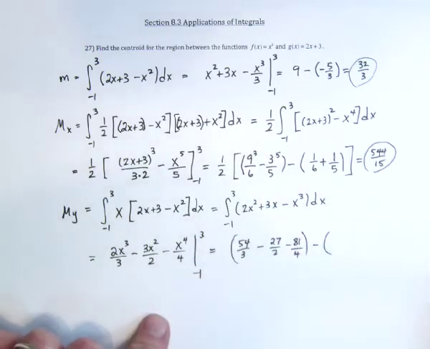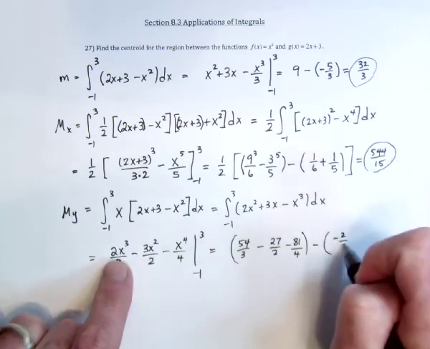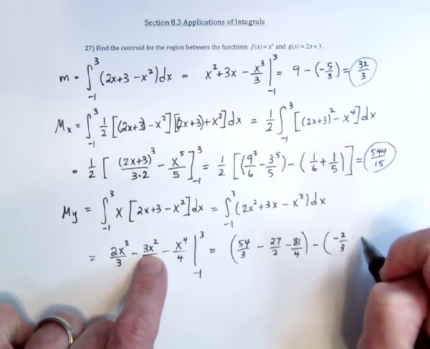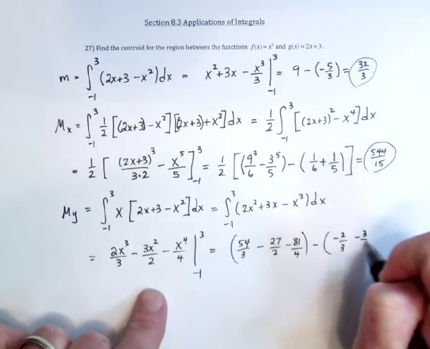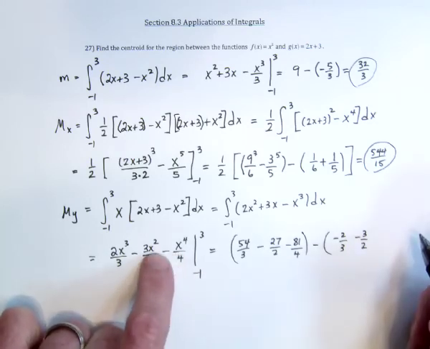And now substitute a negative 1. This will become a negative 2/3. This will become just a 1 times the 3, so we still have minus 3 over 2 there. And if you have a negative 1 to the 4th, it gets rid of the negative and gives you 1/4, but then minus that.